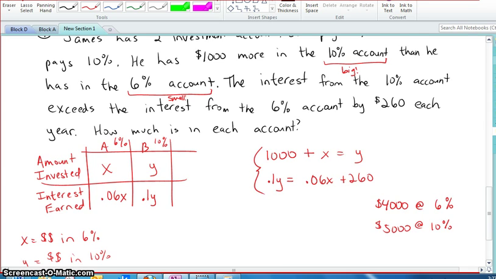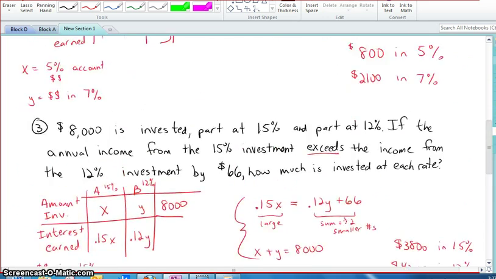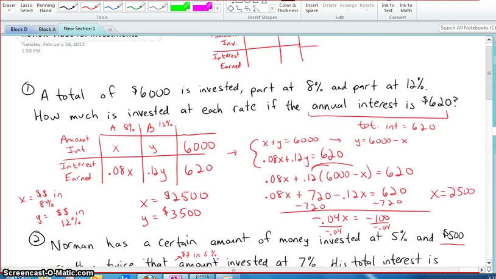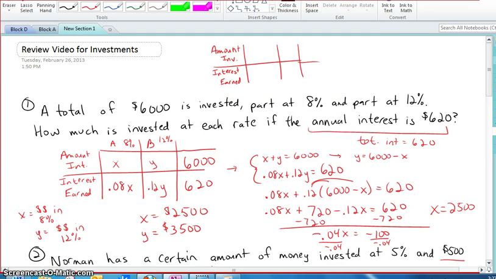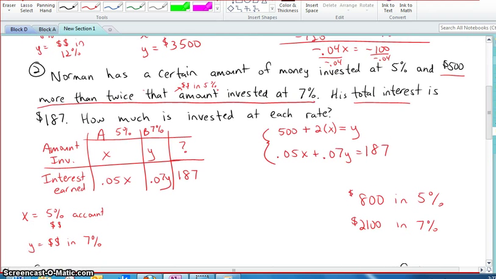Okay? Notice the difference between these problems. The first one gave me a total of both things. Gave me total invested, and it gave me total interest. The second problem gave me total interest, but gave me a comparison, so I was comparing the two accounts.